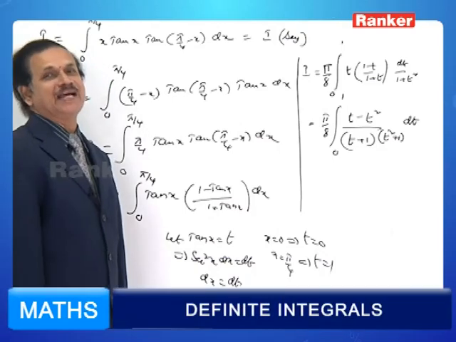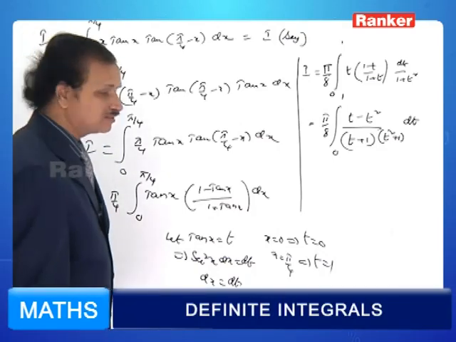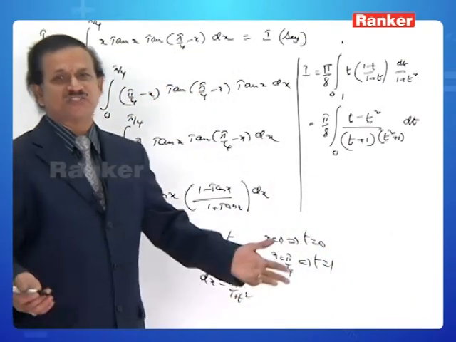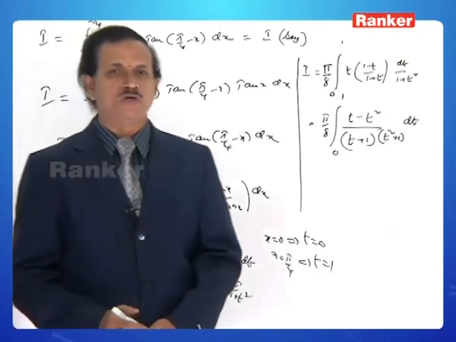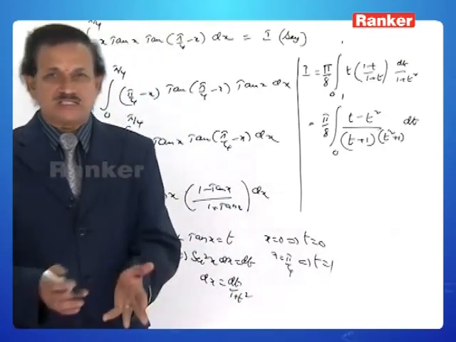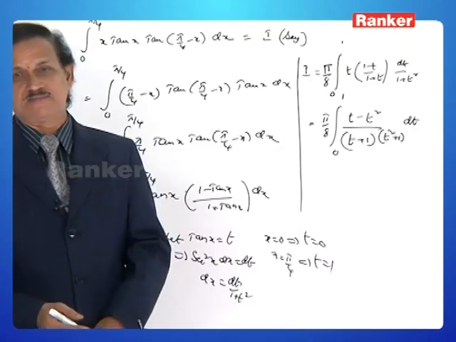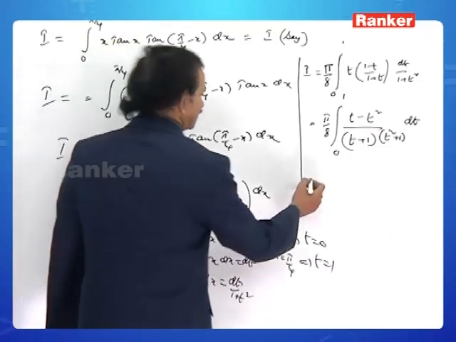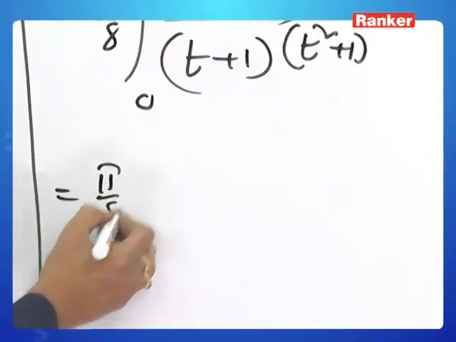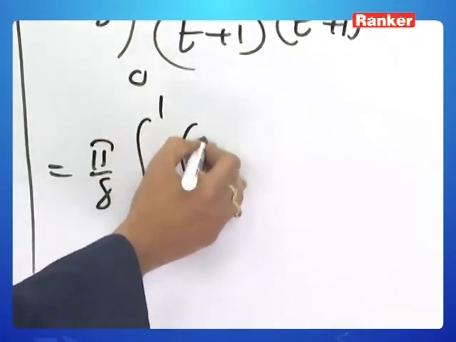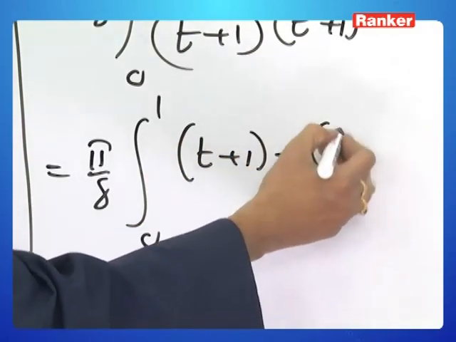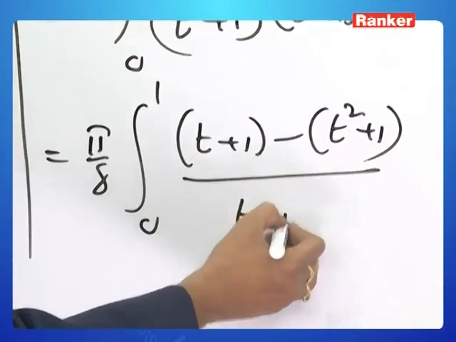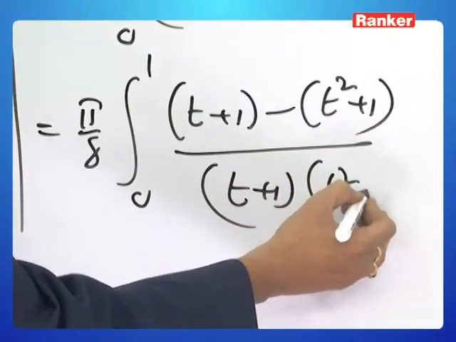Now this is the right time to use your ideas. Actually speaking, a suitable step regarding partial fractions is to be used. If you proceed systematically according to the concept, that becomes so bulky. So you do one thing. This is equal to pi by 8 into integral 0 to 1 of ((t plus 1) minus (t square plus 1)) by (t plus 1) into (t square plus 1) dt.